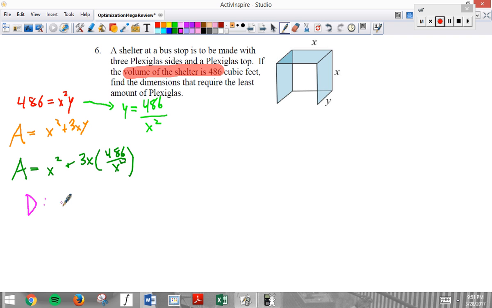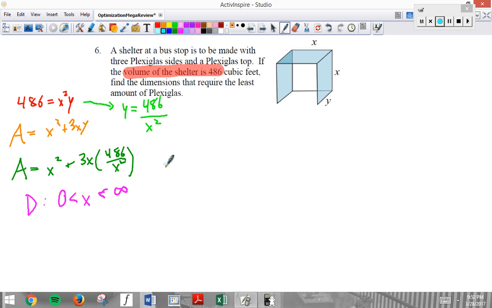So I'd be worried about not having a height or a width. That wouldn't really be a bus stop. But is there any maximum value I can put here? Nope. Because if x was 1,000,000, y would just be a really small number, but it would still be a number. Now, we know it's not really going to be that high, but it's going to be something.